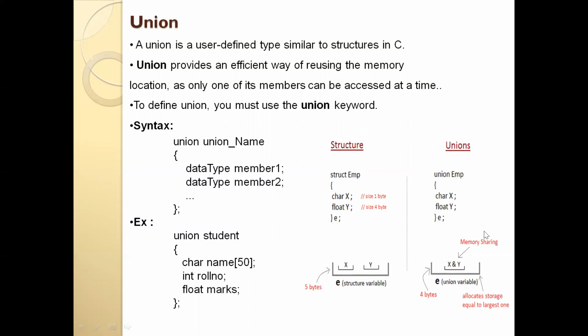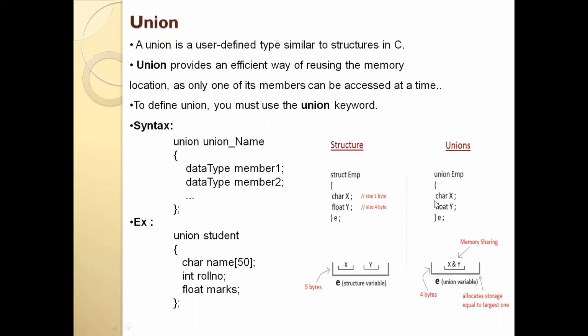If you look at unions, here also whenever you write a union, the memory will not be allocated. Whenever you create a variable, then the memory will be allocated. But out of these members of the union, whichever member takes the highest memory, only with that memory size will the memory be allocated for the union variable.